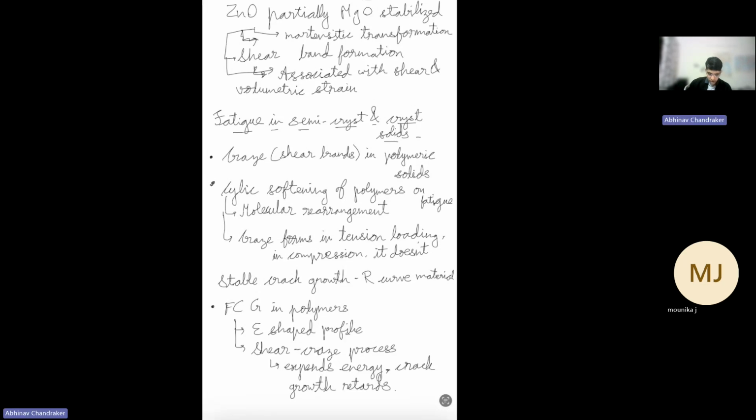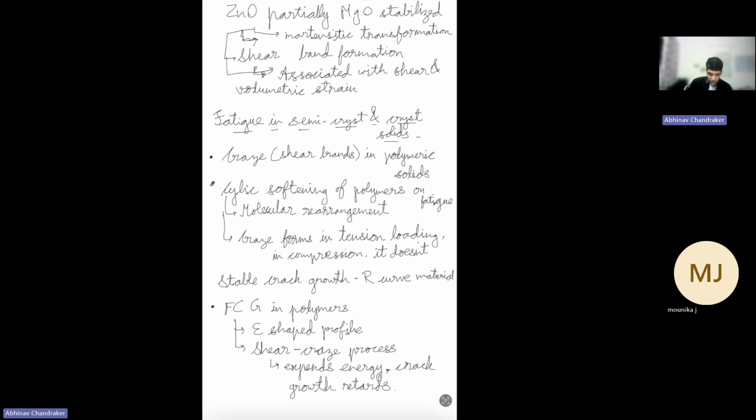So these crazes or shear bands form, which are responsible for the strain accommodation, for the straining of the sample. And it is observed that these crazes form in tension loading, but in compression they do not form.